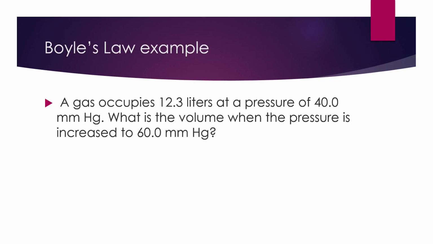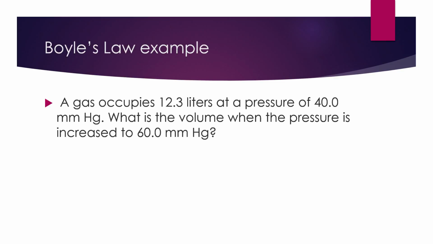ATM stands for atmospheres. Right now, you're in about 1 atmosphere of pressure. If we were to double the amount of air sitting on top of you, that would be 2 atmospheres.